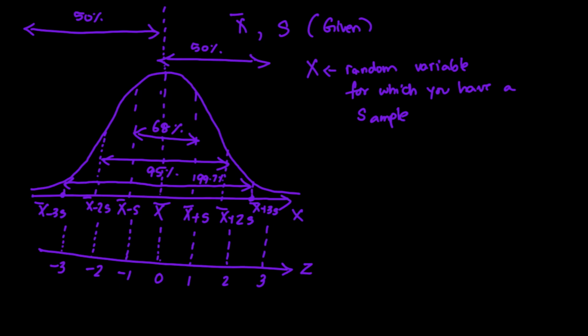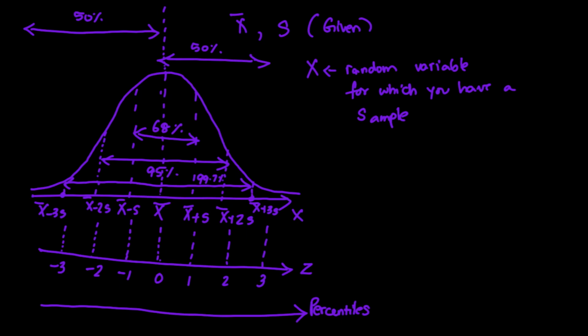So using the probabilities that I have, I can find what the percentile of that observation would be like. So an observation, which is x bar minus 3s, has a z-score of minus 3, and I'd like to know what percentile that observation would correspond to.